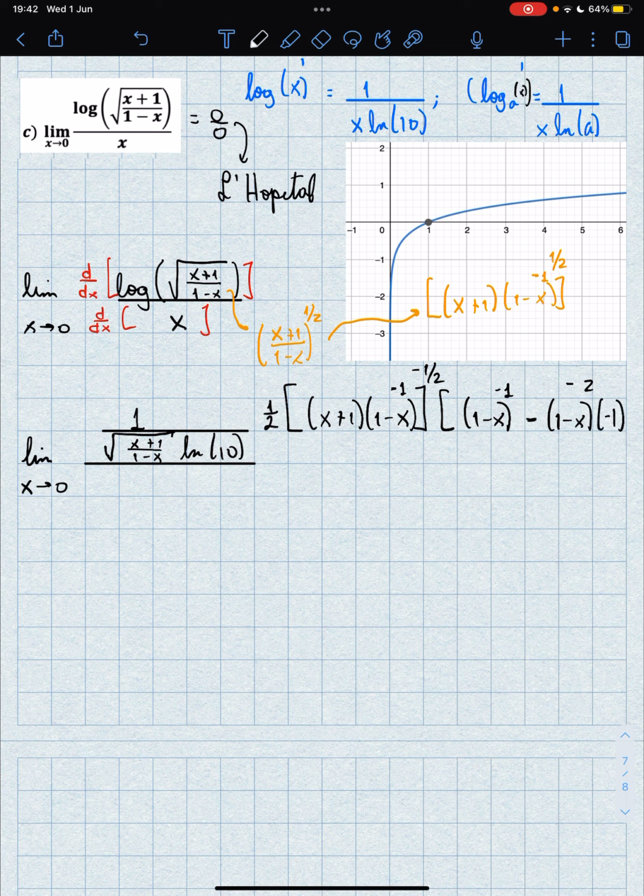Oh god, we have a big problem here. I'm going to put it below. So minus 1 multiplied by x plus 1. So this is going to be like here.